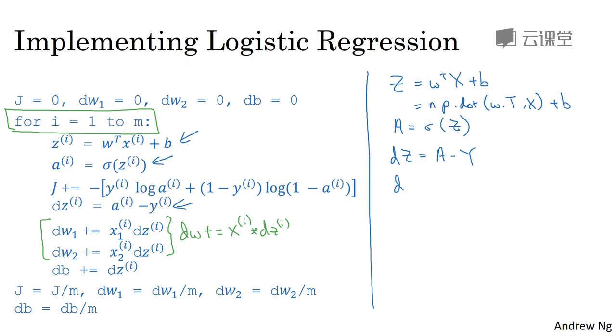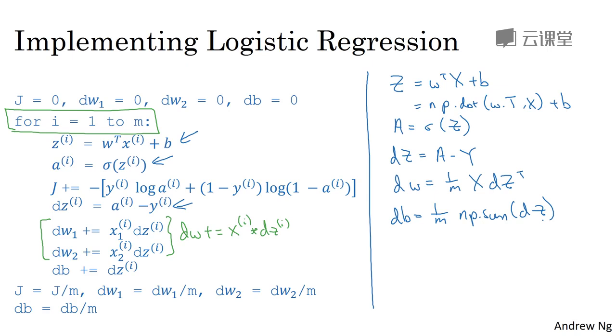Then finally, dw equals 1 over m times X times dZ transpose, and db equals 1 over m times np.sum(dZ).